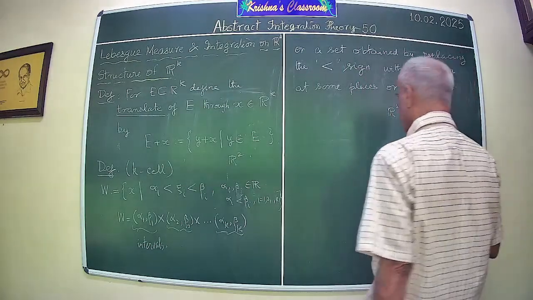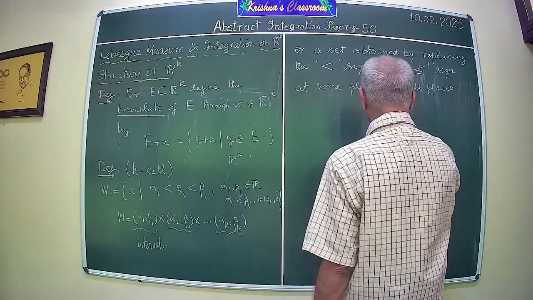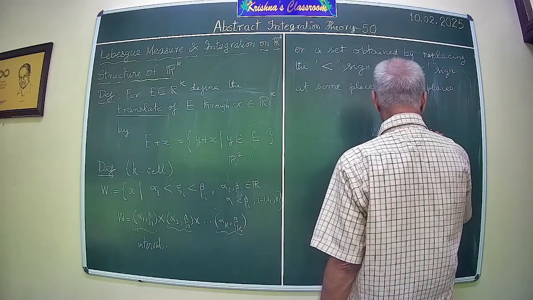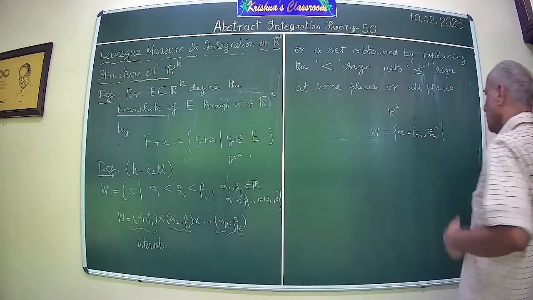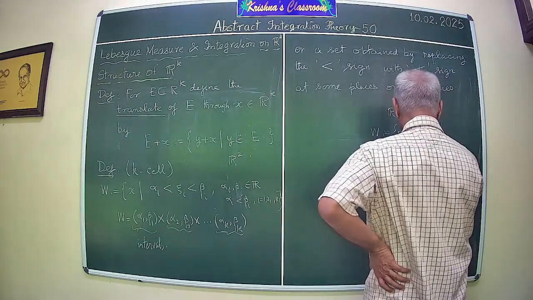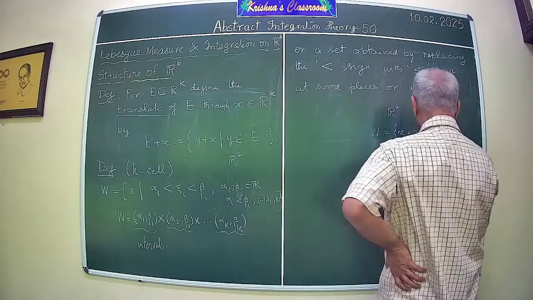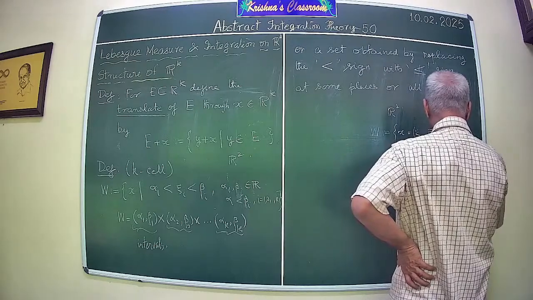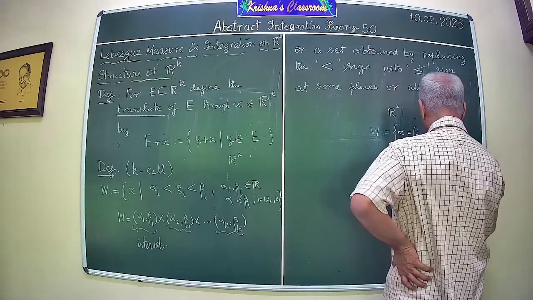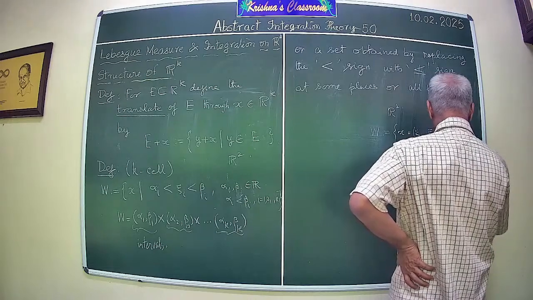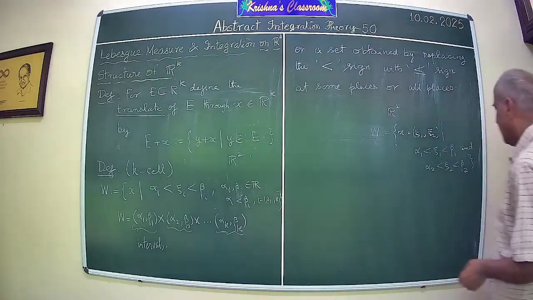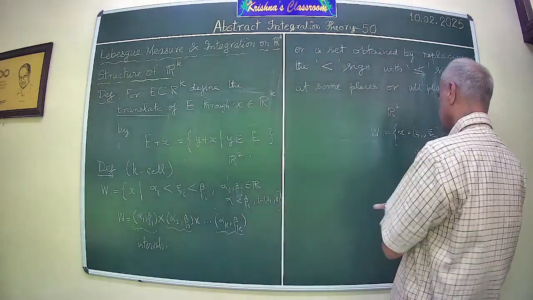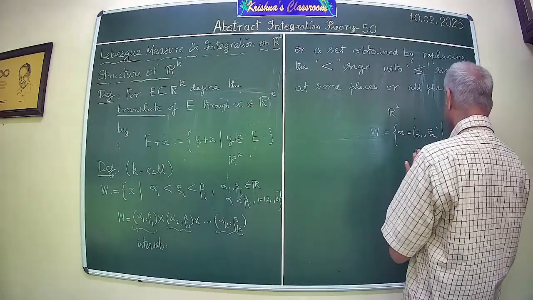You are talking about W to be the set of x in R2 with x1 in the interval alpha 1, beta 1 and x2 in the interval alpha 2, beta 2, where alpha 1, alpha 2, beta 1, beta 2 are real numbers with alpha 1 less than beta 1, alpha 2 less than beta 2.